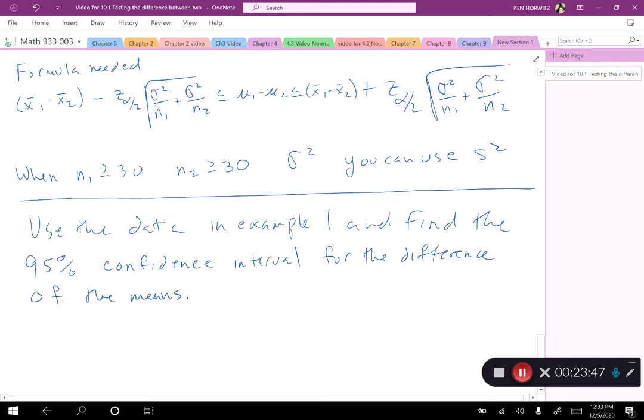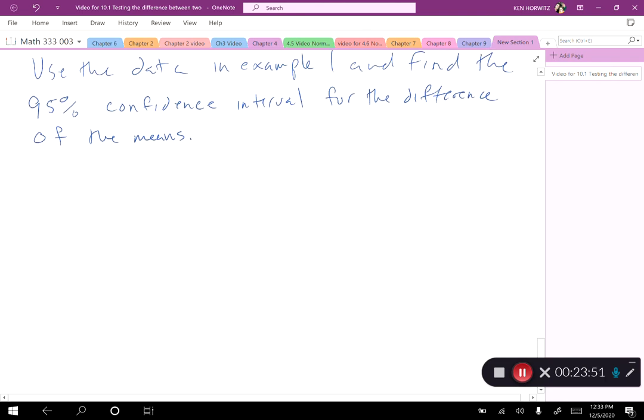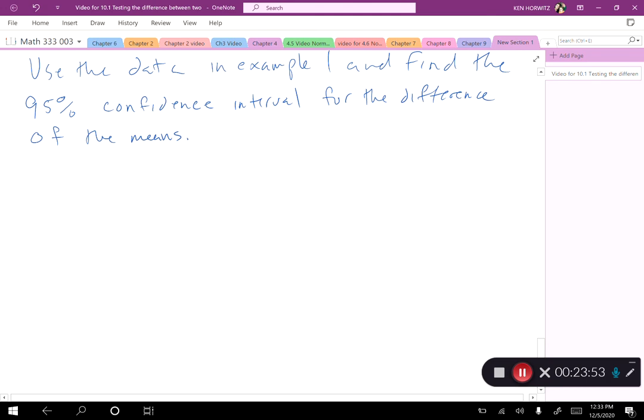All right, hopefully you paused the video and copied that formula down. I need the space, so I'm going to scroll up. All right, and we're going to start putting in our numbers. So our x bar 1 was 88.42, and I'm going to subtract 80.61. And then I'm going to subtract my standard error. So my z alpha divided by 2 was 1.96.